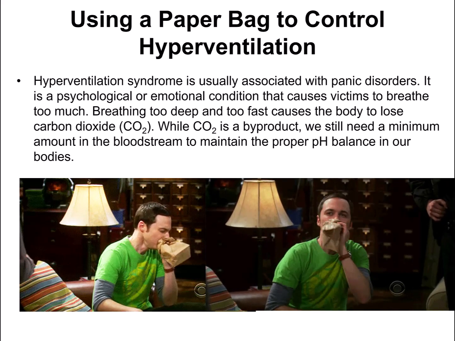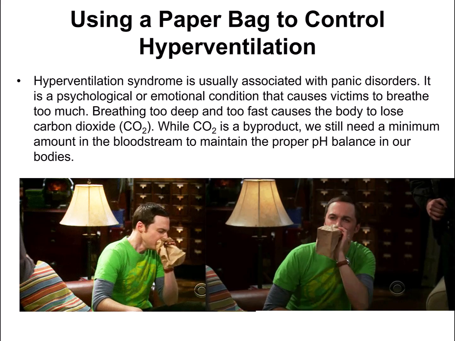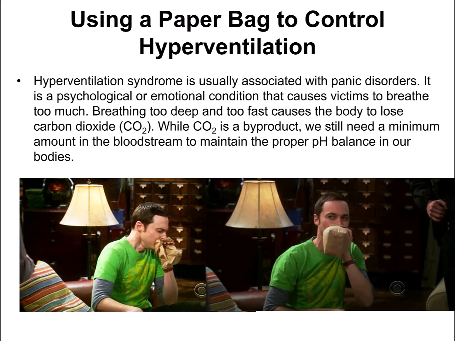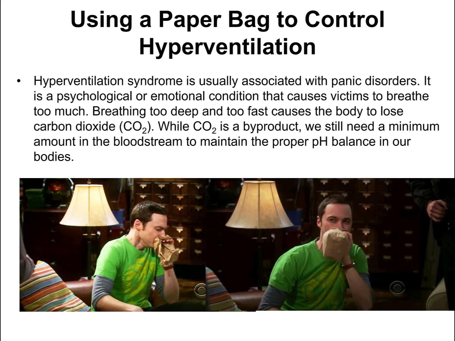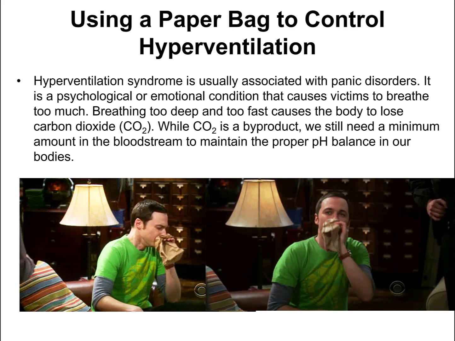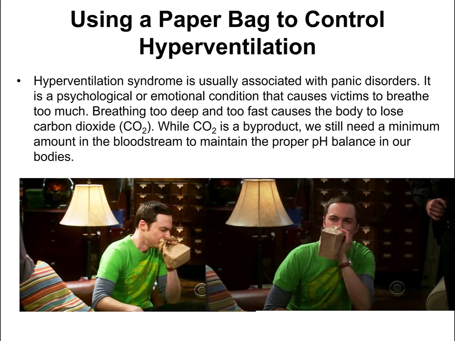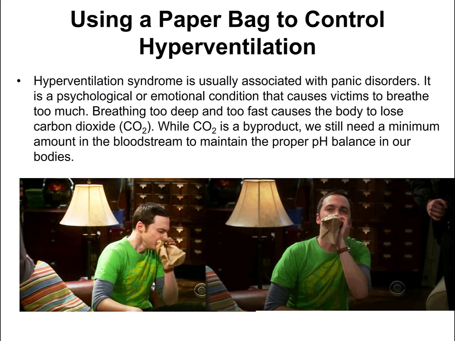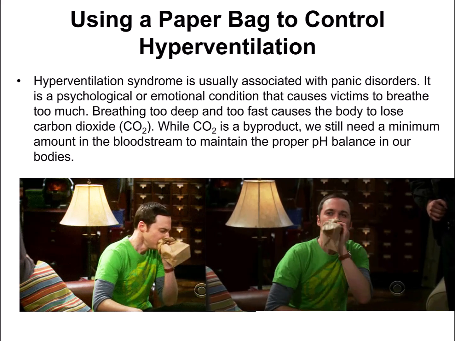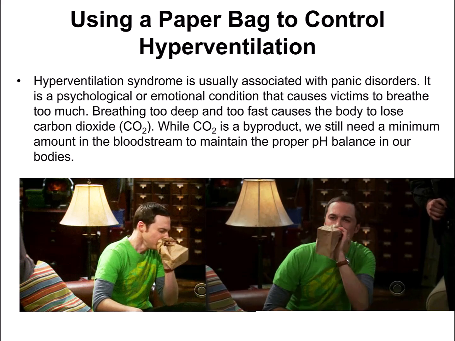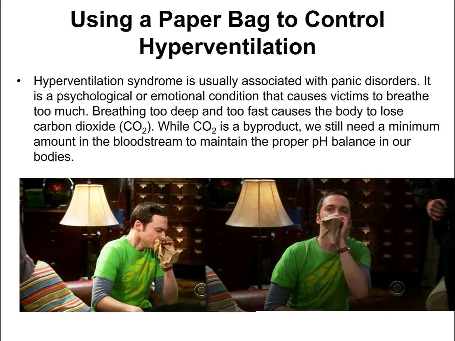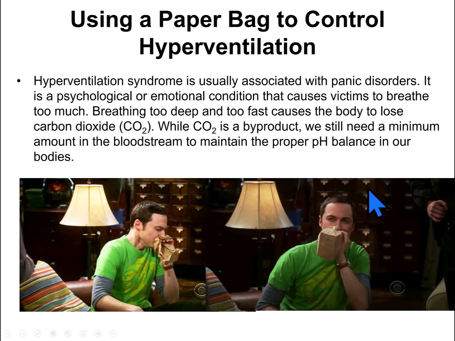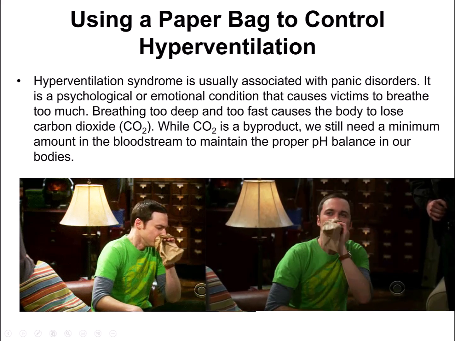So they give them a paper bag, and they rebreathe some of that carbon dioxide that they're breathing out to help adjust their carbon dioxide levels to bring it back to normal, because you're losing too much CO2. So you're trying to put some more CO2 back in to stop it from getting too far off. You want to use a paper bag on this because oxygen can still get in through that paper bag. You don't want to give them a plastic bag, for example, which can prevent the amount of oxygen from getting into the lungs. Then you have all kinds of other problems.